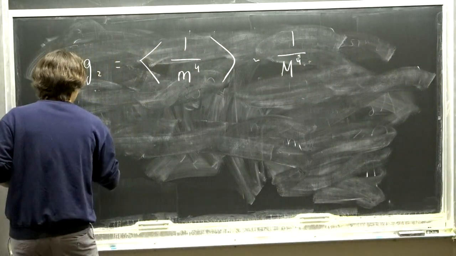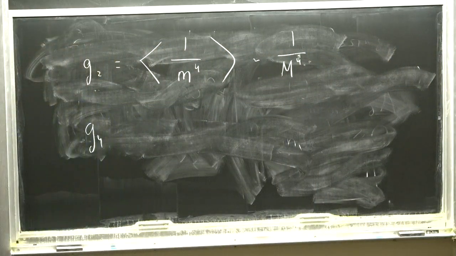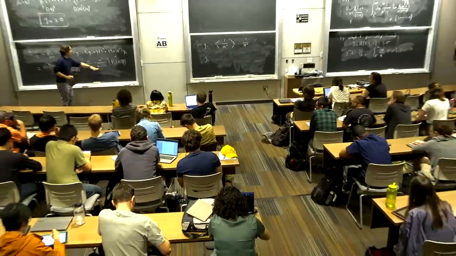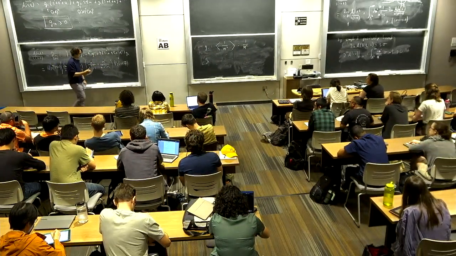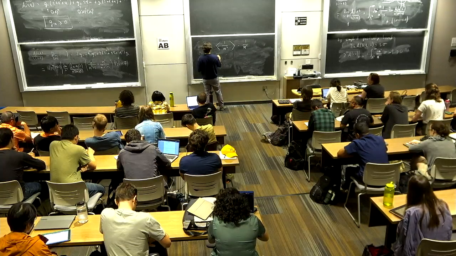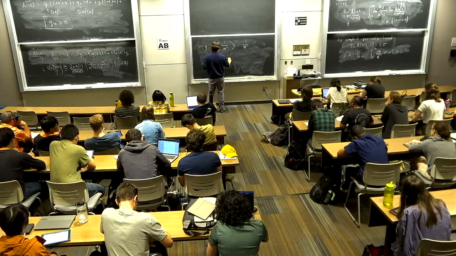So now, if we look at G4, so G4 means that we will need to expand this to order s squared, or to order s, to see the coefficient G4. And if we write the right-hand side, we can expand these Legendre polynomials. We know what they are. We just do the expansion. So let me just give you the answer. What you find is that this thing is 1/2 the average of 1 over m to the 8.